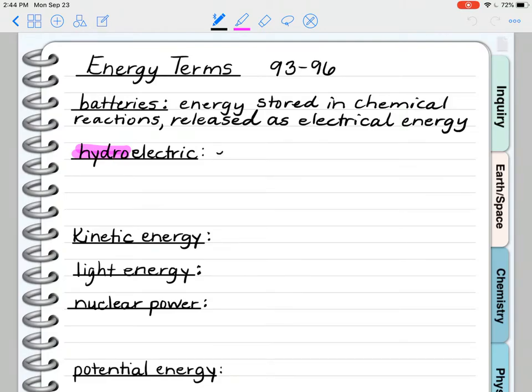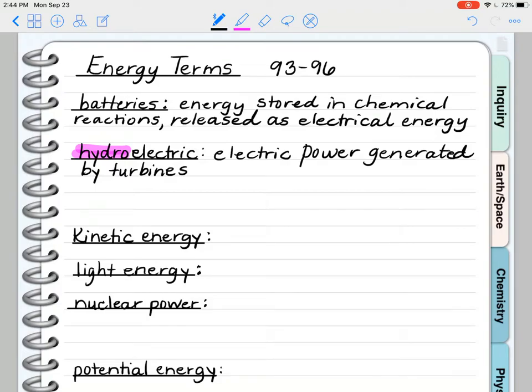So hydroelectric power is electric power generated by turbines, and I think there's a picture of a turbine at the bottom of the page, moved by water flowing downward.